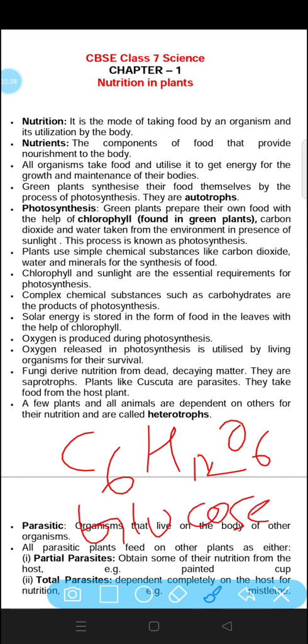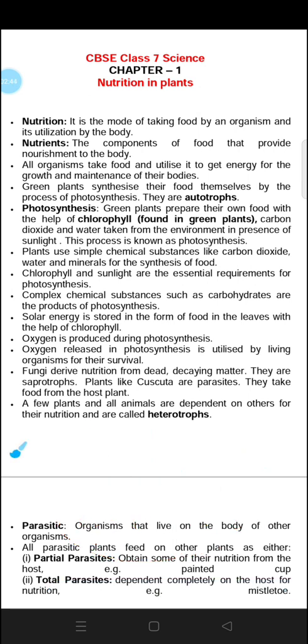So glucose is converted into different energy forms. So photosynthesis is the process of making food by green plants with the help of chlorophyll, carbon dioxide and water taken from the environment in the presence of sunlight. This process is known as photosynthesis.